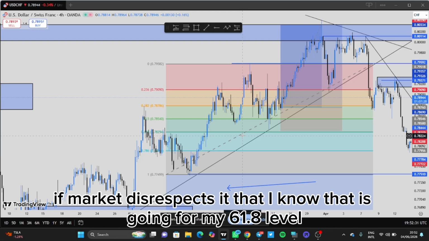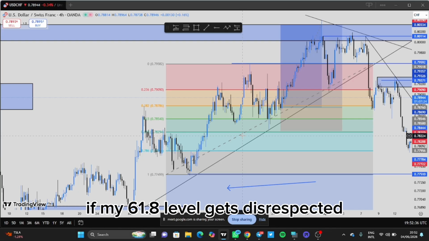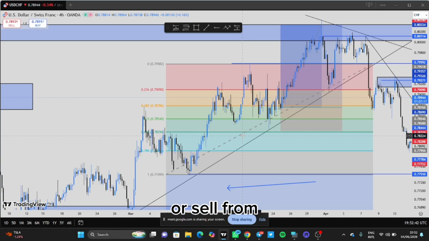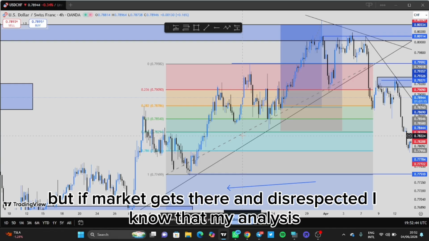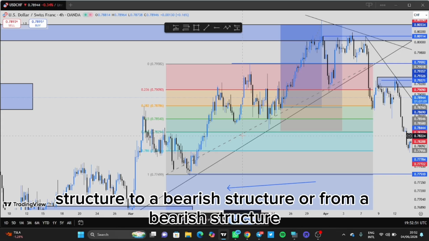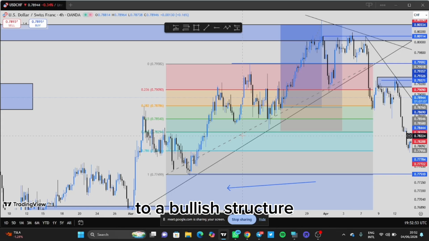If market disrespects it, then I know it's going for my 0.618 level. If my 0.618 level gets disrespected, then I know that the 0.786 is the last zone that market should buy from or sell from. But if market gets there and disrespects it, then I know that my analysis or structure has shifted from a bullish structure to a bearish structure, or from a bearish structure to a bullish structure.